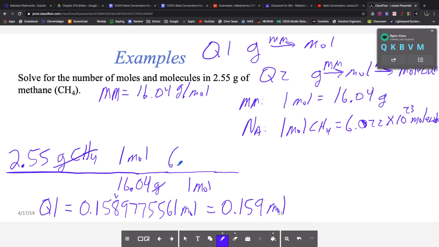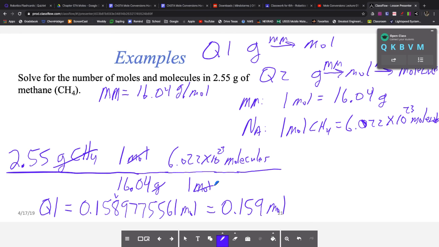I put my 6.022 times 10 to the 23rd molecules on top. And remember, the reason that it's molecules is because CH4 is a covalent compound, and covalent compounds have molecules. So now, plug that in, moles cancel out, that's going to solve for my molecule.